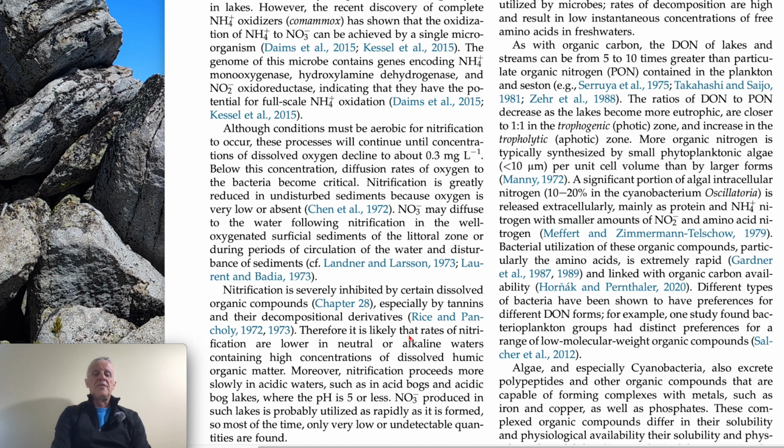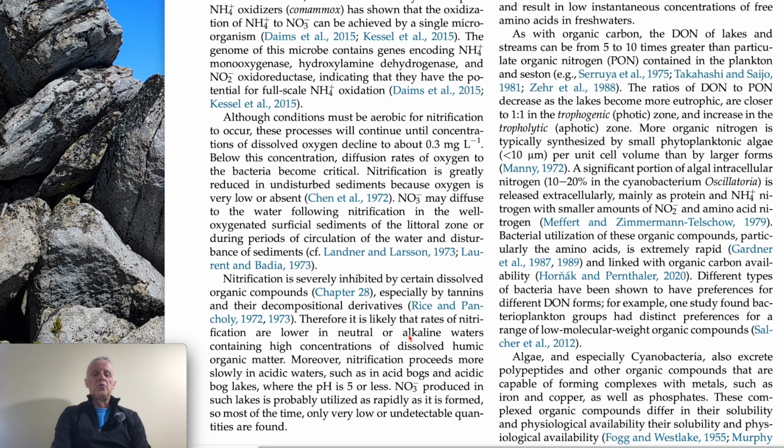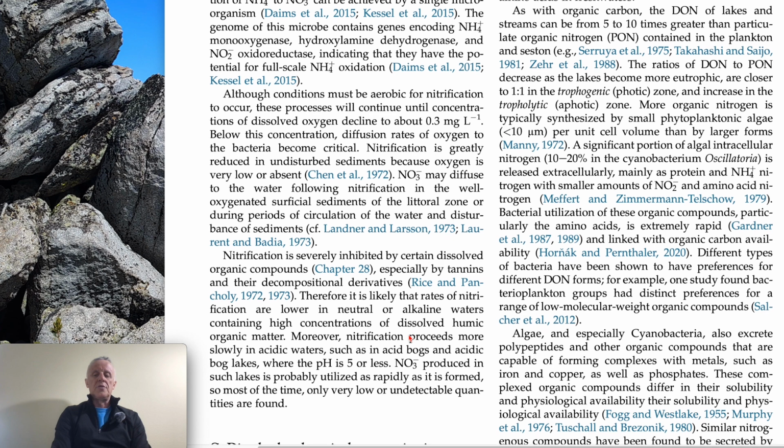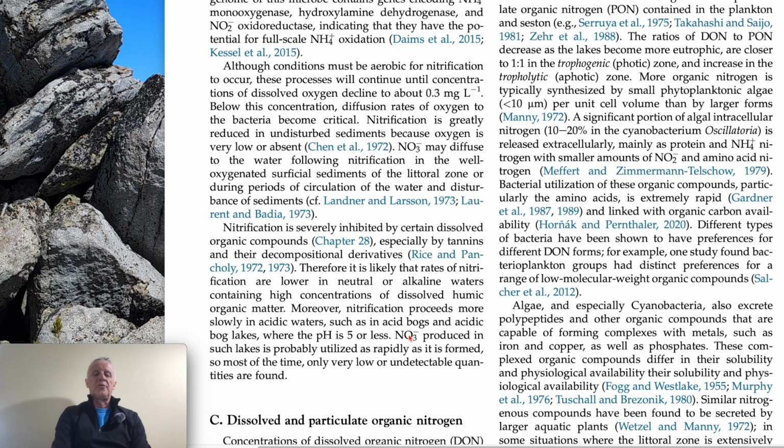The ratio of dissolved organic nitrogen to particulate organic nitrogen decreases as lakes become more eutrophic, is closer to 1:1 in the trophogenic photic zone, and increases in the tropholytic aphotic zone. More organic nitrogen is typically synthesized by small phytoplanktonic algae, less than 10 micrometers per unit cell volume, than by larger forms.